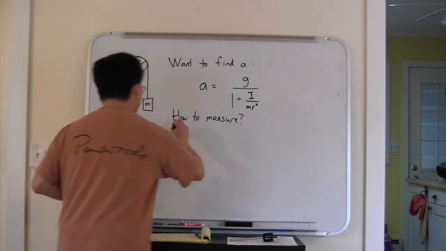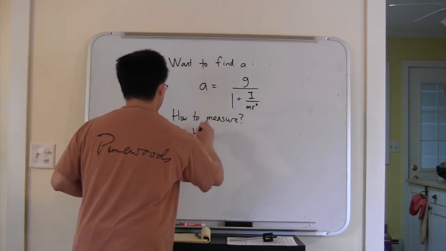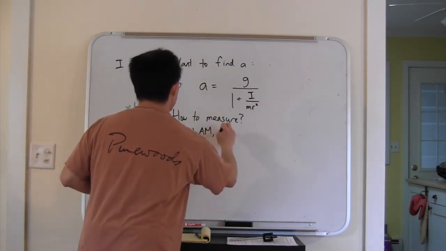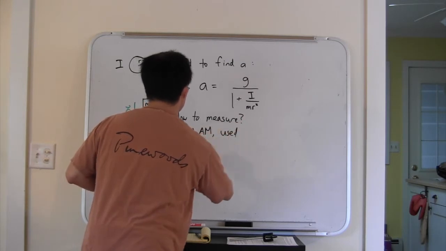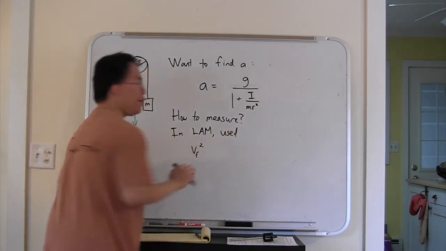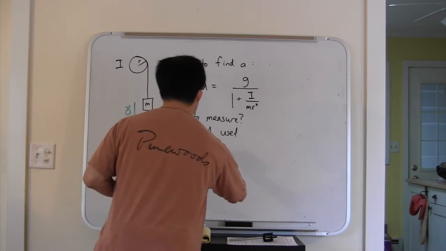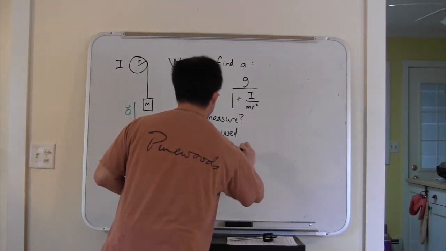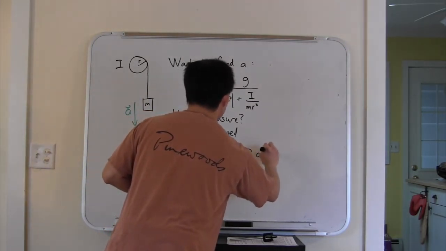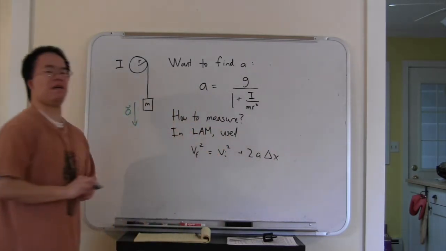So in lab, you used the idea that v final squared equals v initial squared plus 2a delta x.